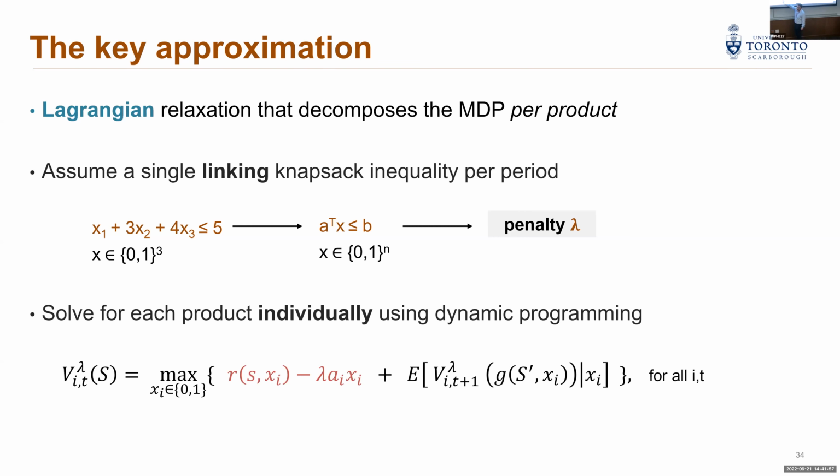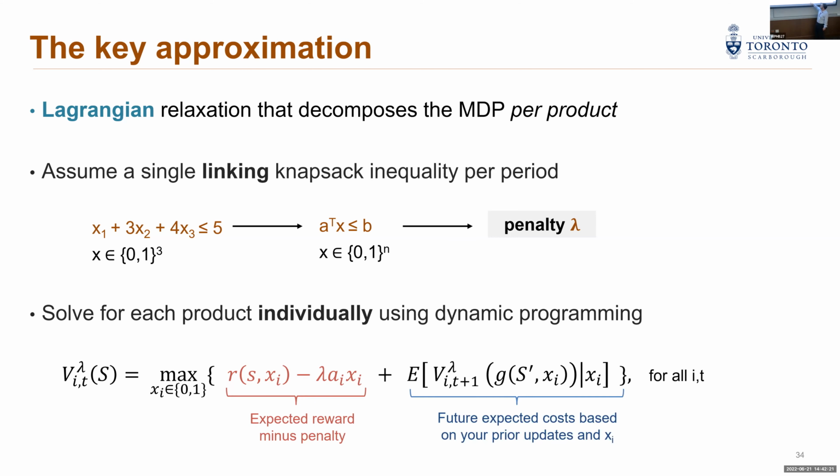So essentially, this is how the problem looks for an individual product. You're maximizing, right? You decide whether you're picking the product or not. Then you have the expected reward minus the penalty of picking that product, just like if you were dualizing a linear inequality: the lambda times the coefficient of that constraint. And then you have another part here, which is the future expected cost based on the updates you can have.